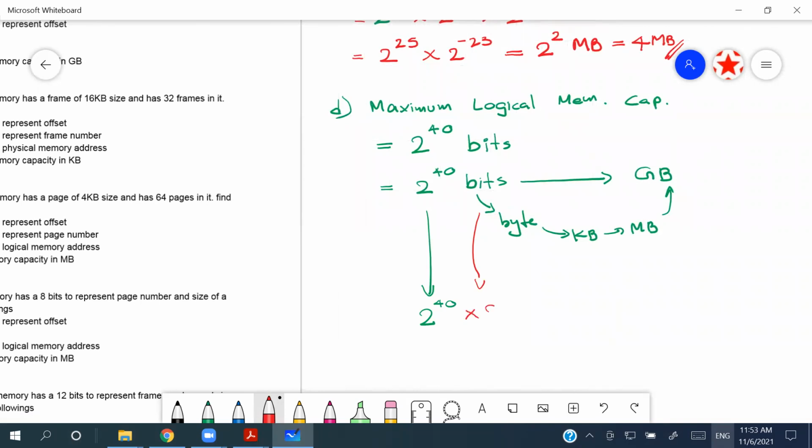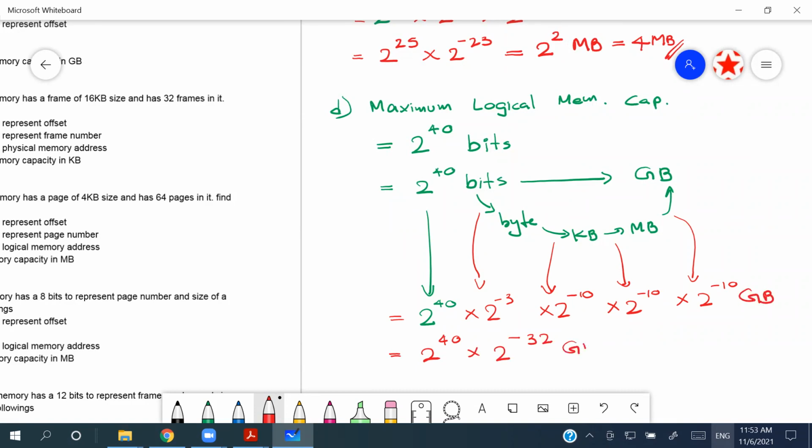Bits to bytes conversion, take 2 to the power minus 3. Bytes to kilobytes, 2 to the power minus 10. Kilobytes to megabytes, again 2 to the power minus 10. Megabytes to gigabytes, again 2 to the power minus 10, which gives us 2 to the power 40 into 2 to the power minus 33. This is in gigabytes.